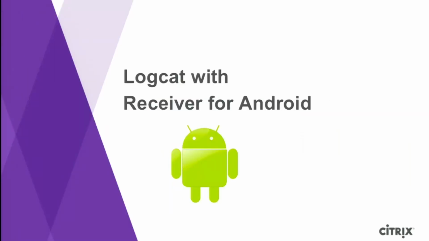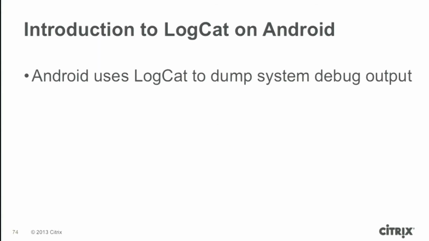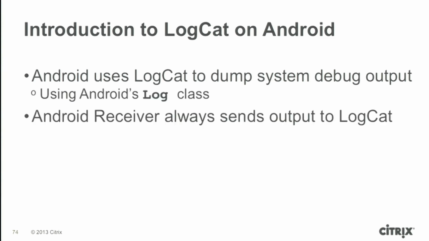Okay, now that we've covered some server-side tracing and iOS logging, let's get right into Android logging. So Logcat is Android's inherent logging system, and it allows for collecting and viewing the system debug output. Logcat uses the log class, and the receiver for Android always outputs the debug messages to Logcat by default.